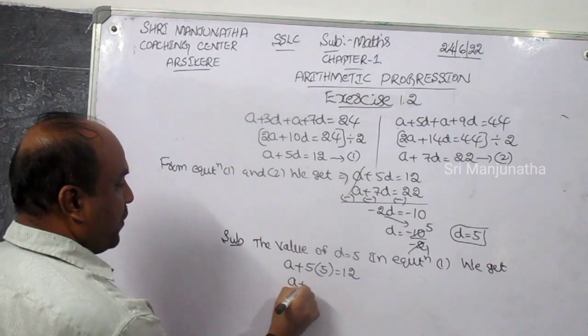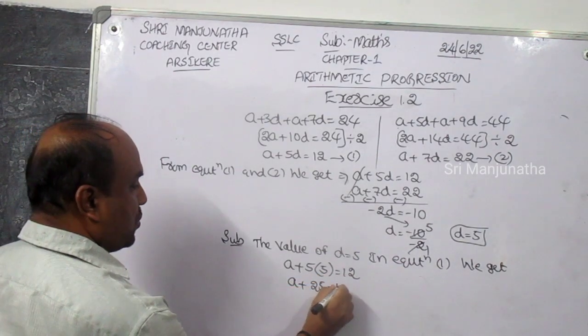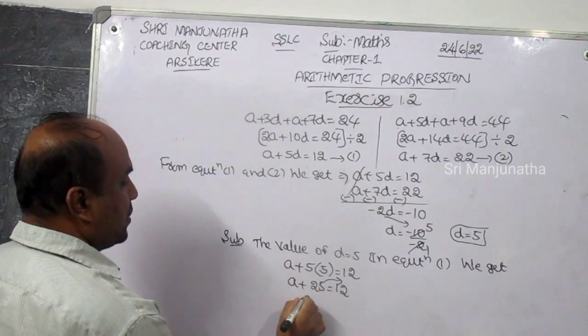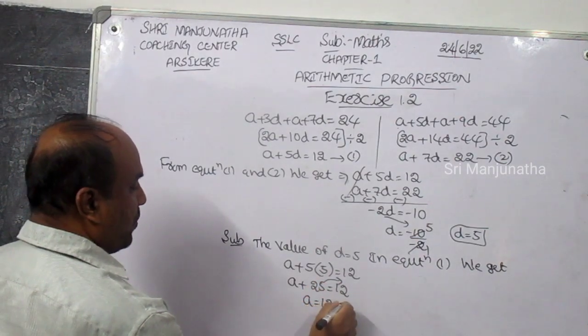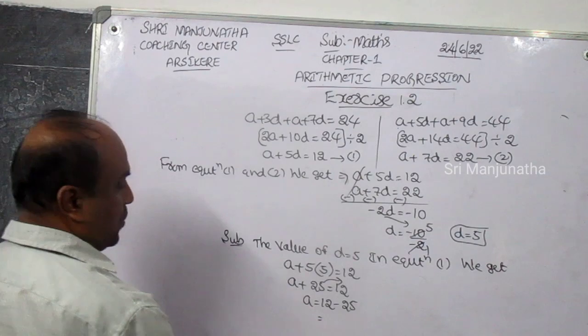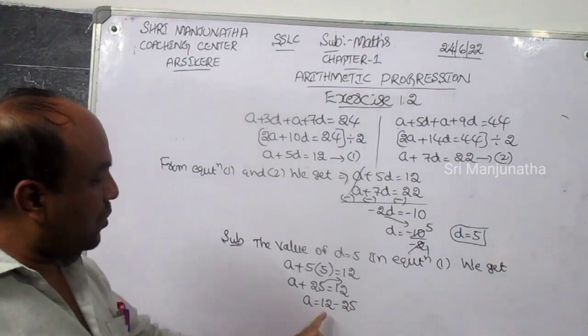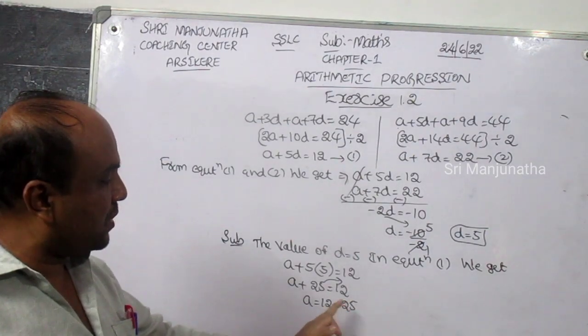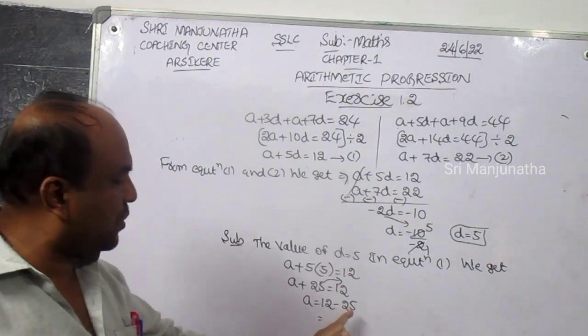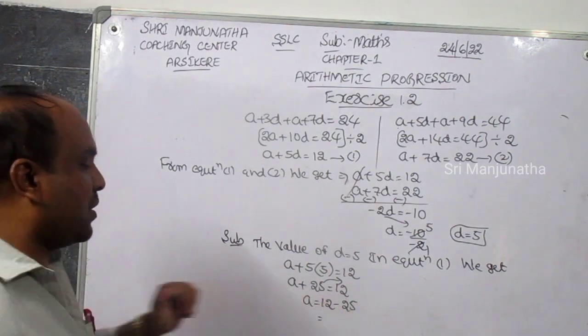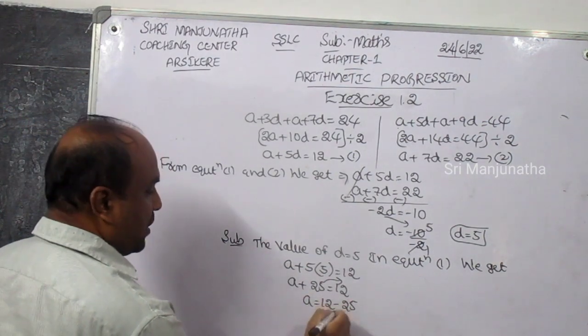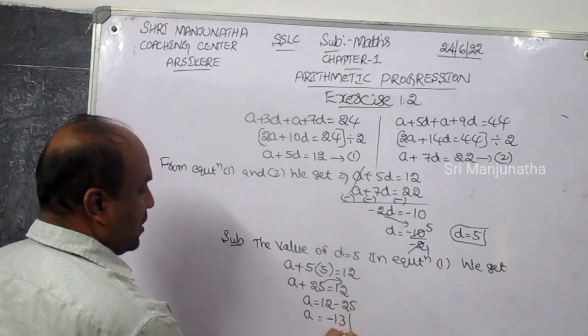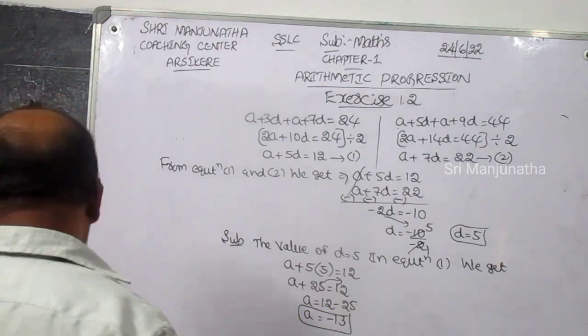A plus 5 fives are 25 is equal to 12. Plus 25 goes to the other side. A is equal to 12 minus 25. 12 minus 25 is not possible because 12 is the smaller and 25 is the bigger. 25 minus 12 is 13. The bigger number's sign is minus. A is equal to minus 13.